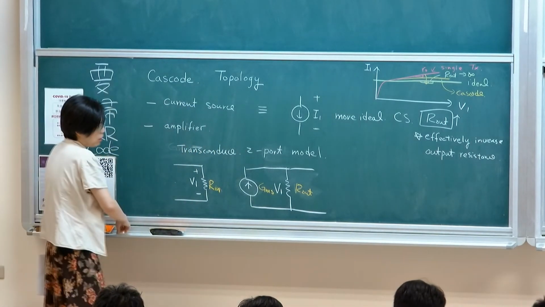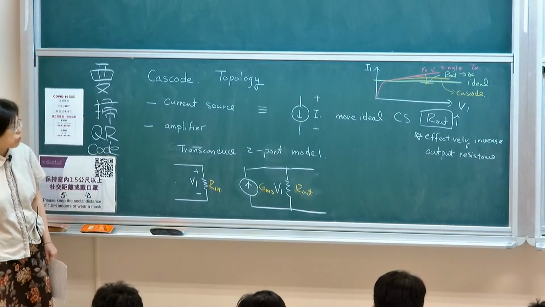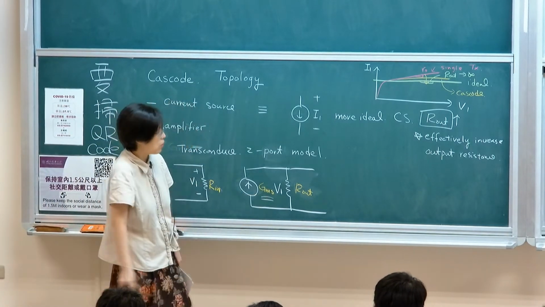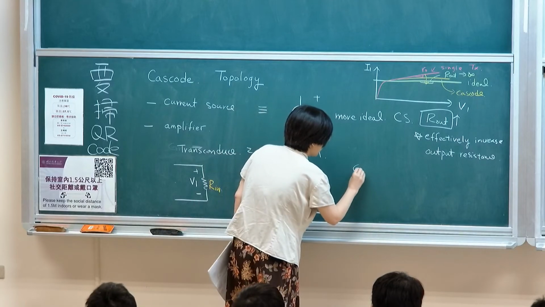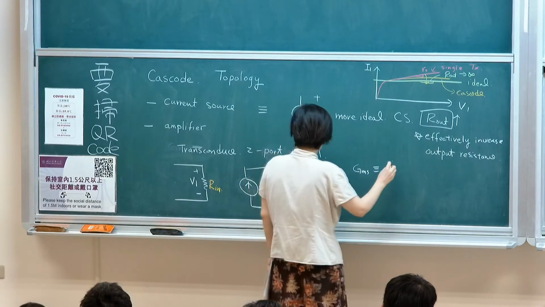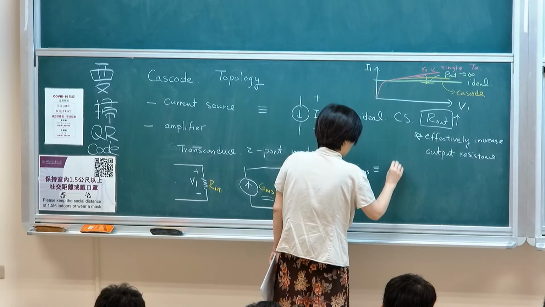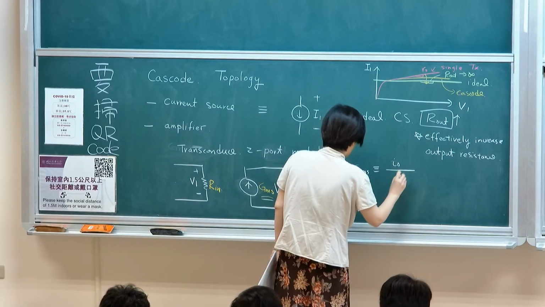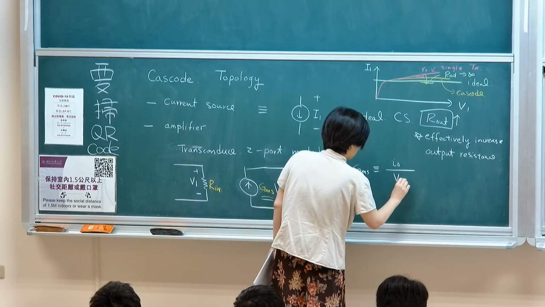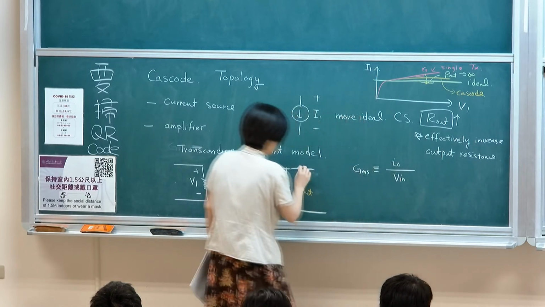So a transconductance two-port model consists of a transconductance instead of an open-circuit voltage. GMS is defined as IO versus VIN.